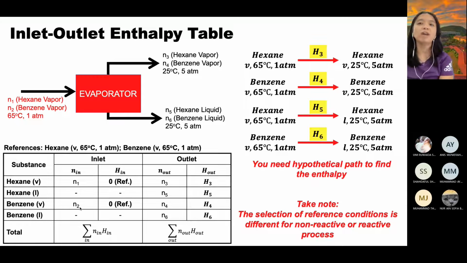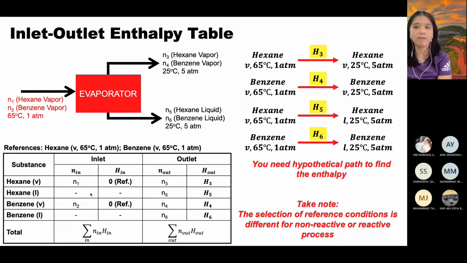So katakan your friend, the mass balance has calculated, benzene vapor yang masuk 100 mol per hour. Okay, so kamu tulis N2 100. Katakan hexane vapor yang masuk 200 mol per hour. So N1 200. Okay, so I write it as N1, N2 sebab saya tak ada nombor. But you have to replace with the molar flow rate from your friend that do the calculation.